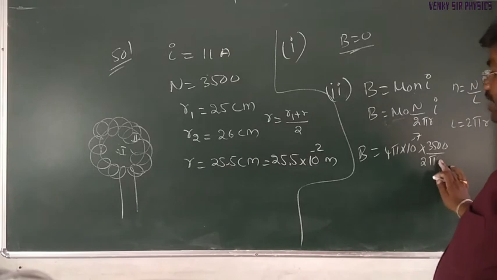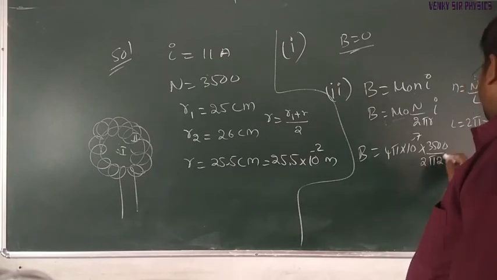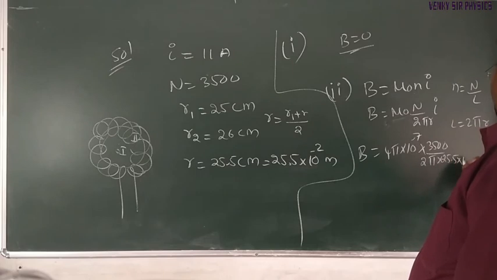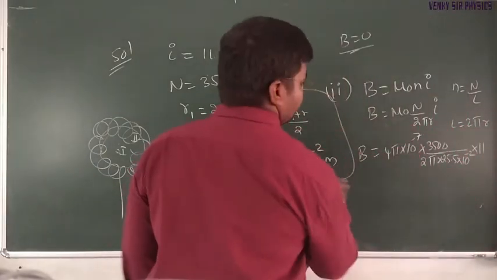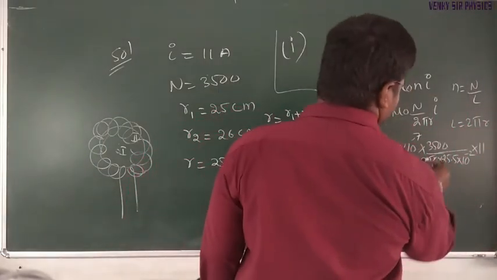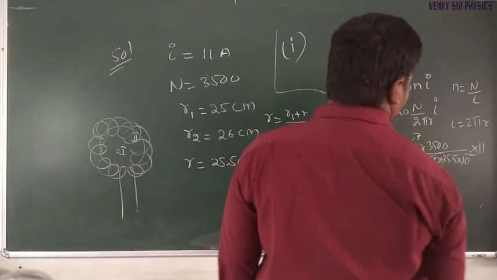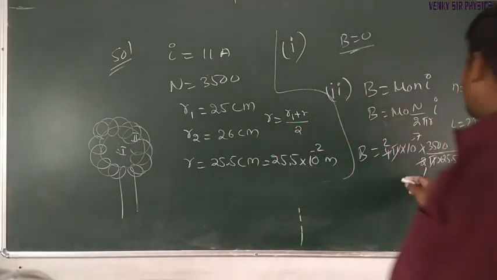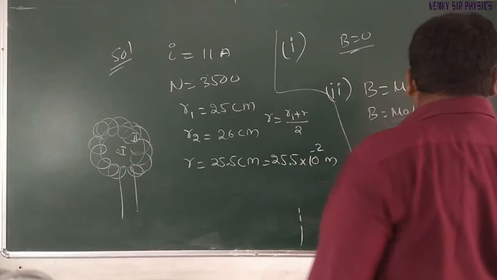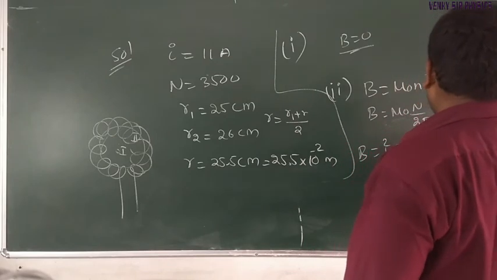We know the r value is 25.5. So 2 pi into 25.5 into 10 power minus 2, into 11. Okay, the 2s cancel, 2 and 2. Remaining 10 power minus 2 here, 10 power minus 7 is there, we can get minus 5.